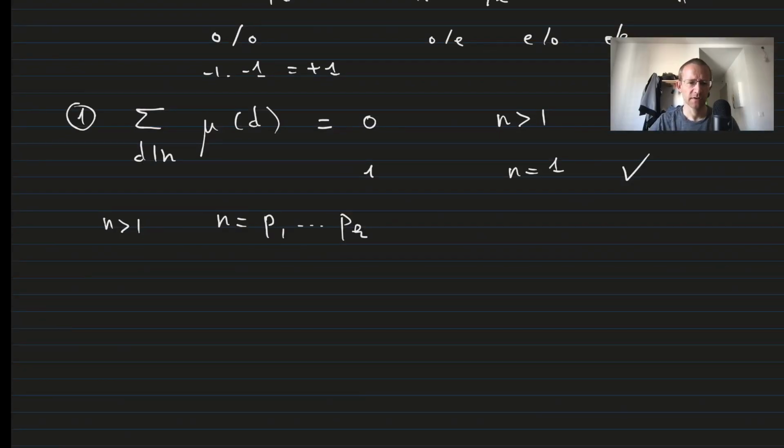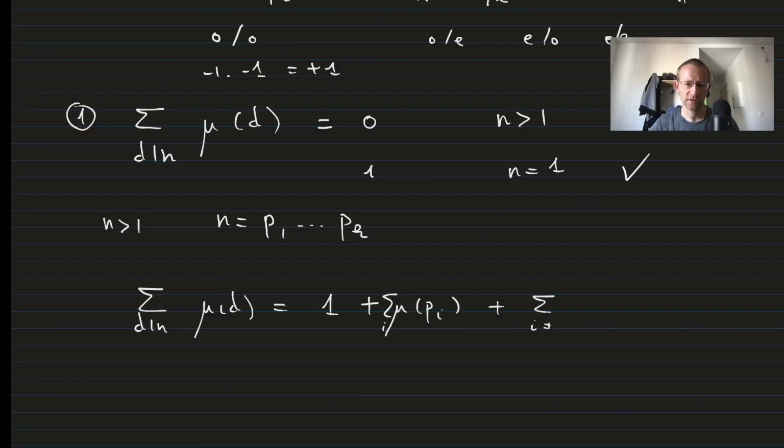Then if we sum over divisors of n mu of d, it is equal to, well, the first divisor is 1. Then we can look at all of the divisors with 1 factor. Then we can look at all of the divisors with 2 factors, and so on, all the way up to k factors.